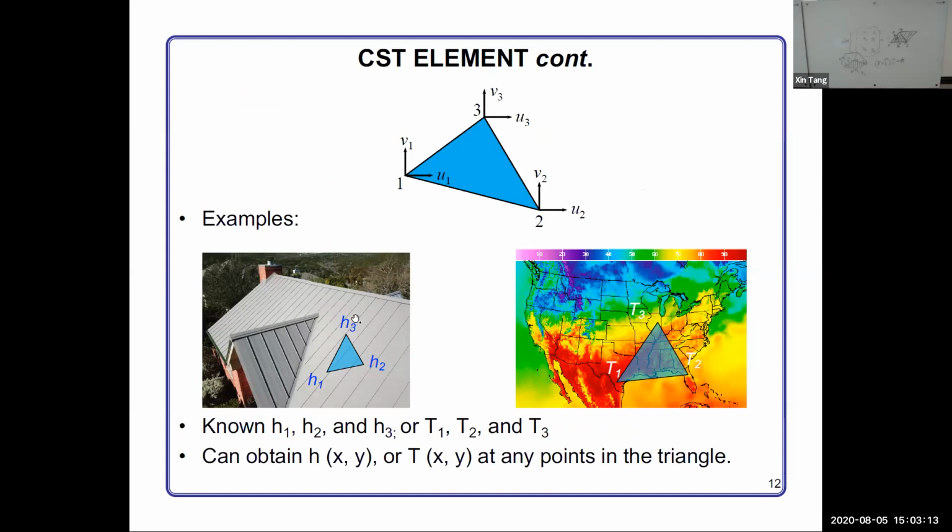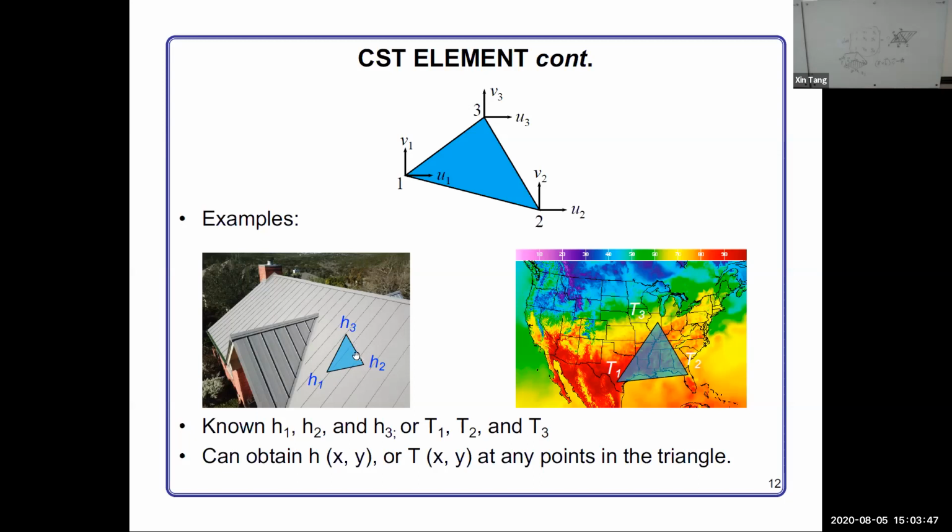Imagine, firstly, you have a roof. The roof is flat, but it is tilted; it has some angle with respect to the horizontal. On the roof, since it's flat, if you pick 3 points or 3 nodes, you know the height of each point, h1, h2, and h3. You connect these 3 points to form a triangle.